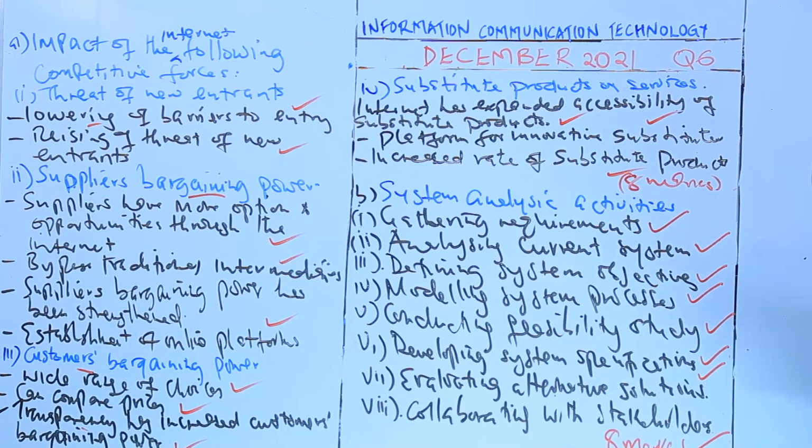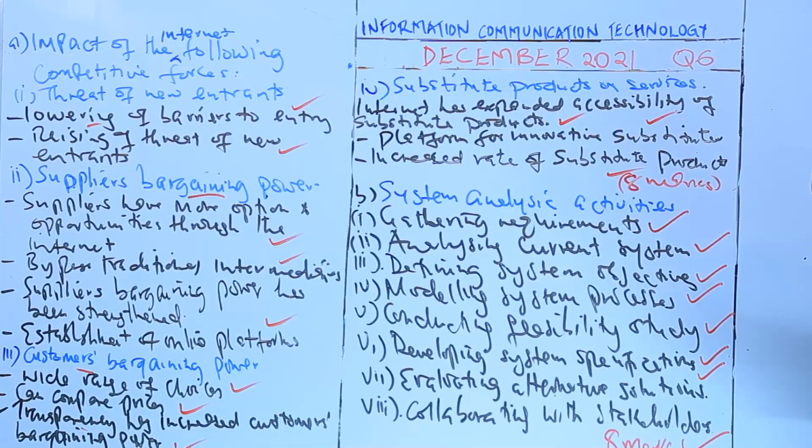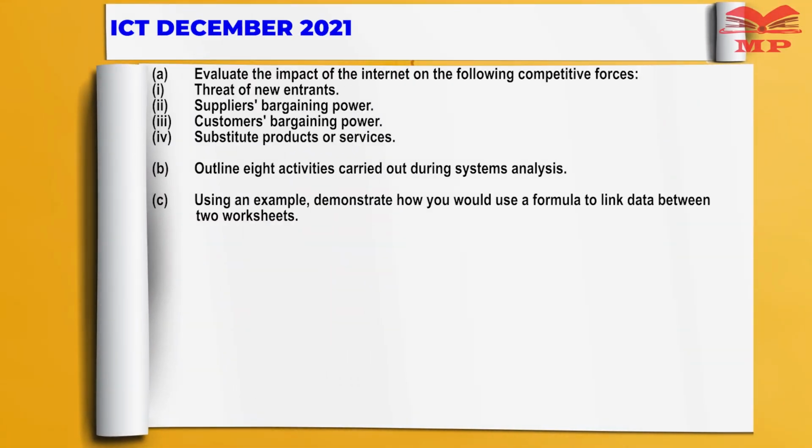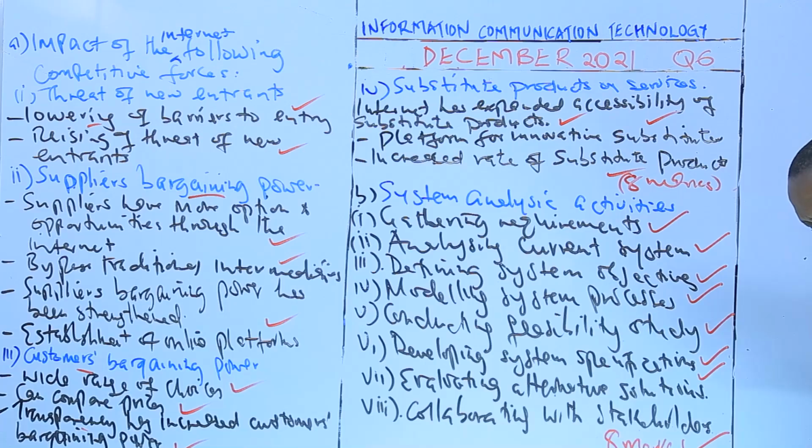Now let us have a look at question 6C. The question reads, using an example, demonstrate how you would use a formula to link data between 2 worksheets. Now candidates, allow me to answer this question on Excel sheets.